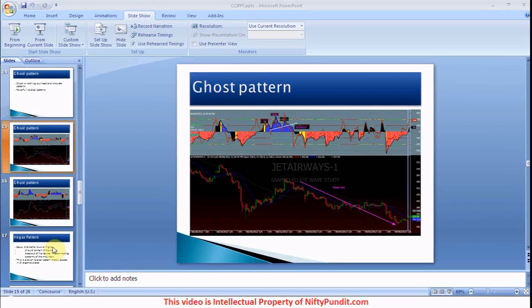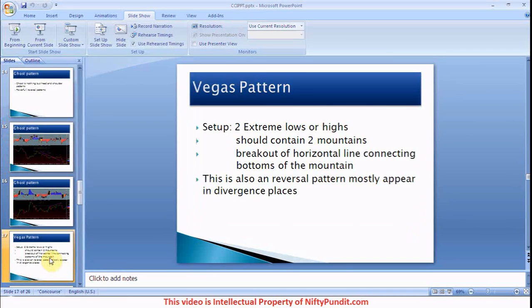After completing the ghost pattern, we'll see the Vegas pattern. The Vegas pattern is similar, like we'll be seeing two mountains on the visual. We'll be connecting two extreme lows and highs.